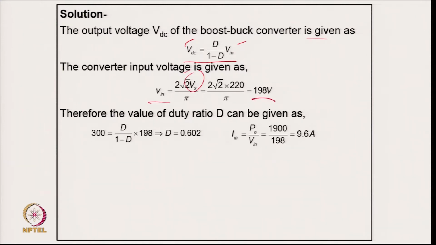So, it comes to 198 volt for 220 volt RMS voltage, and therefore the value of duty cycle can be calculated from this relation by putting the value. So, here the duty cycle comes D equal to 0.602, which clearly explains that the operation of the converter is in boost mode, because above 0.5 duty cycle this converter operates in boost mode. The average input current can be calculated from power and the input average voltage.